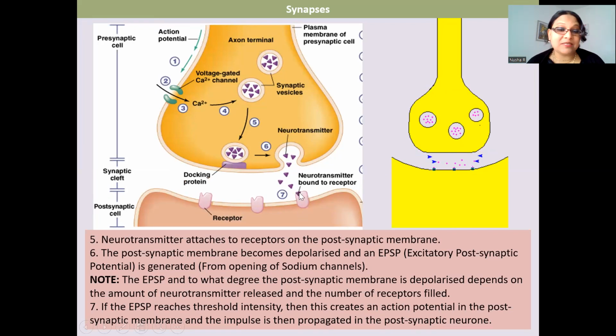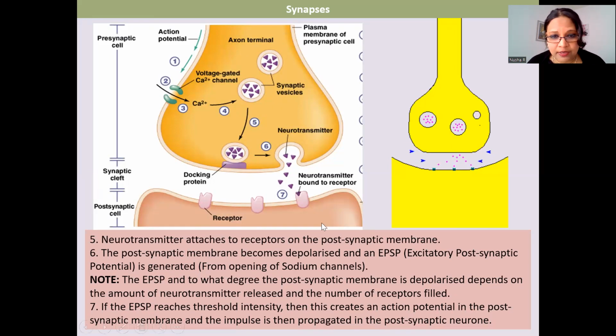once this neurotransmitter is bound there, the postsynaptic membrane becomes depolarized. We know that the inside of resting neurons is negative and the outside is positive. So depolarization means that the inside becomes less and less negative, more and more positive, because sodium channels open and sodium ions move into the cell.